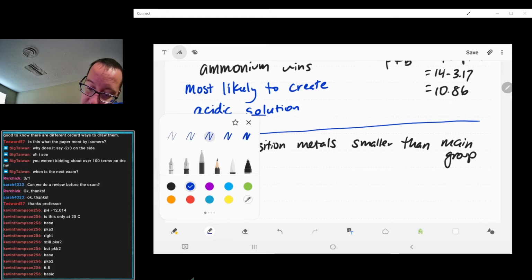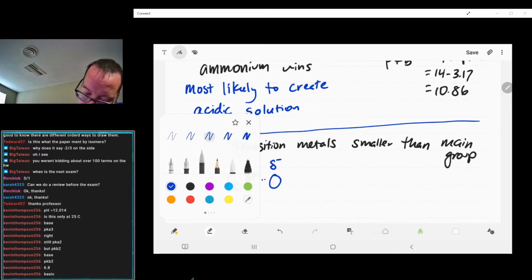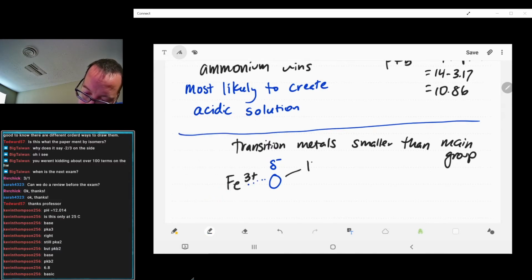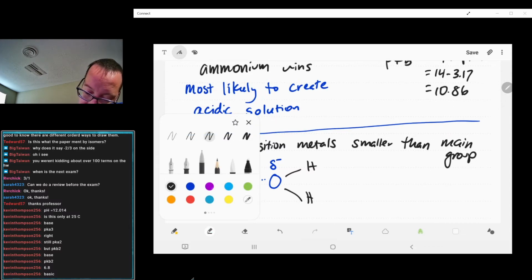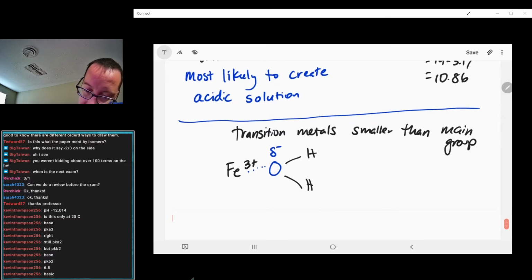And we're going to see that when this interacts with water, this ends up drawing more electron density towards the oxygen.